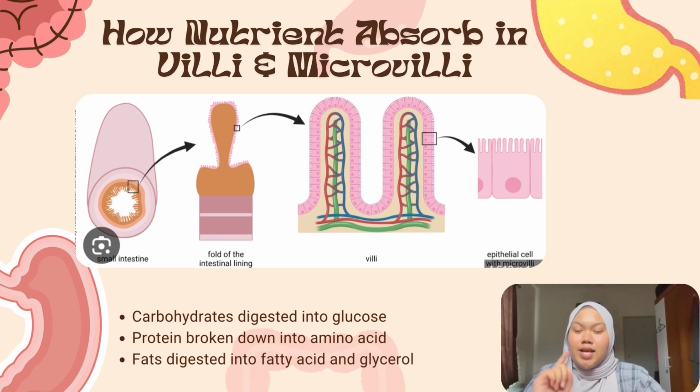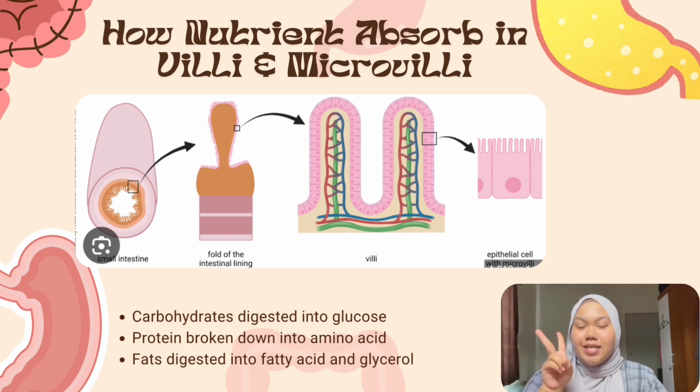The first one, let's talk about carbohydrates. Carbohydrates are digested into simple sugars such as glucose. This sugar passes through the microvilli and is absorbed into the blood capillaries inside the villi. The second is protein.